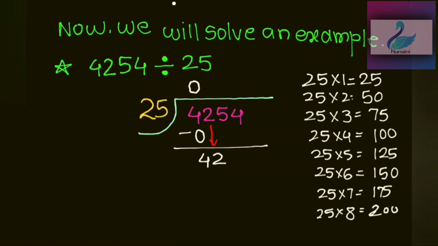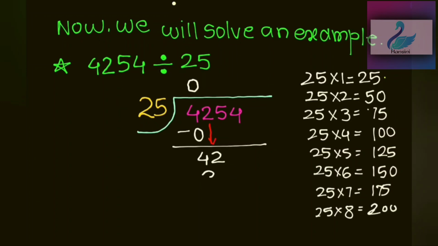We will find 42 in the 25's table. It is not there, as 25 into 2 is 50, which is greater than 42. So we will take 25 ones are 25, as it is smaller than 42. So I write 1 in the quotient and I subtract 25. So I get the answer 17.